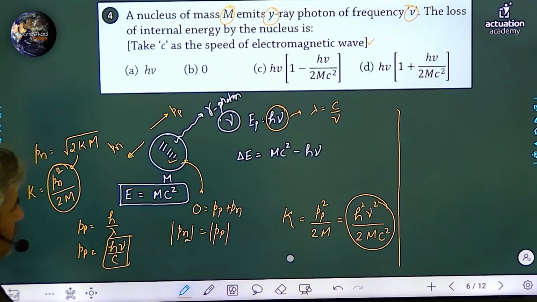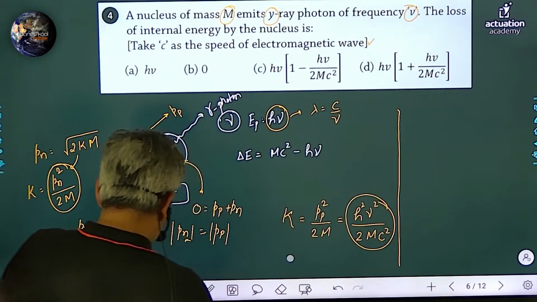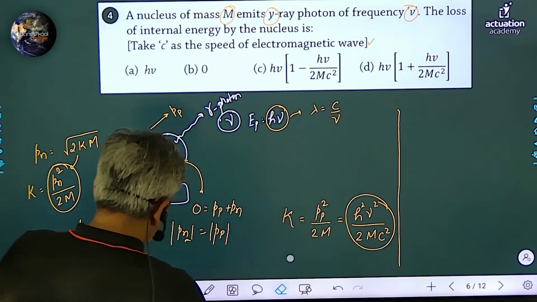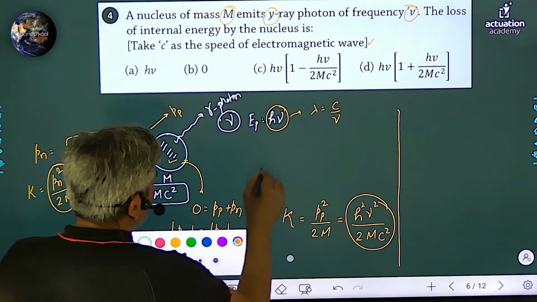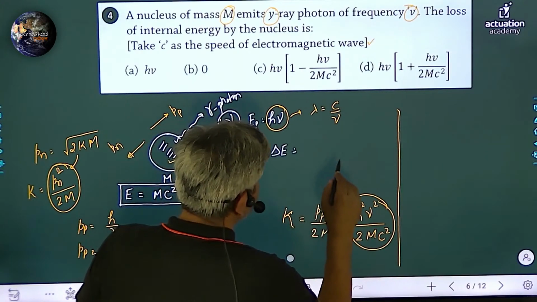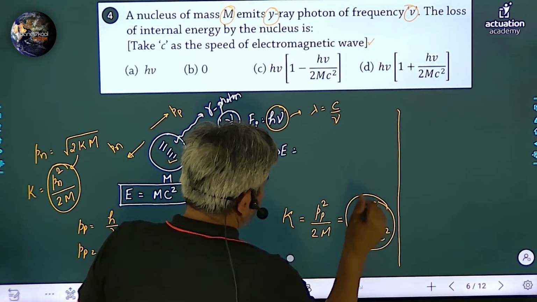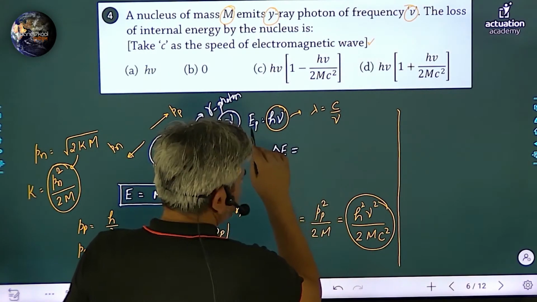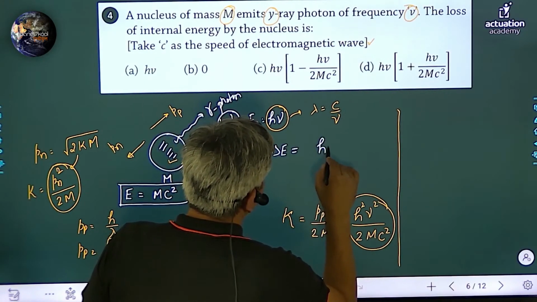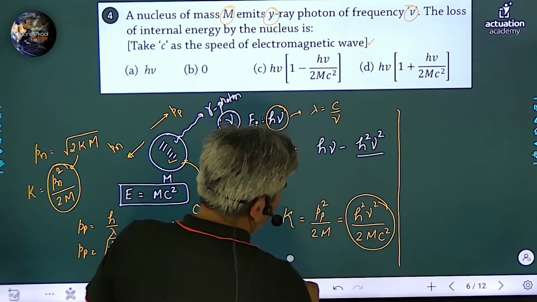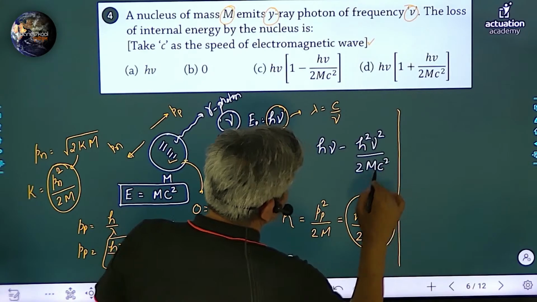Now the loss can be written as delta E, which is equal to the photon energy minus h square nu square divided by 2mc square.